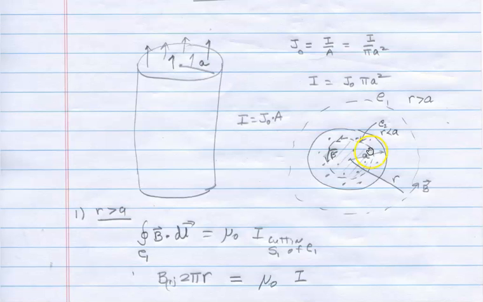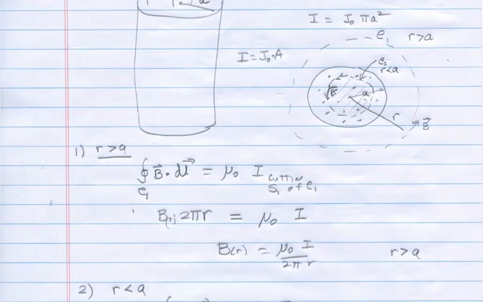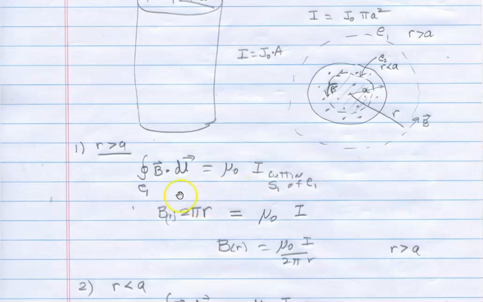But it is a little bit different in that R is less than A, so it's a smaller circle that doesn't include all the current. Okay? So let's do the outside first, because it's really exactly the same as the case of a thin wire.